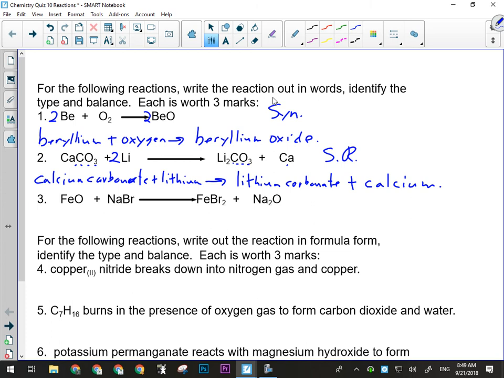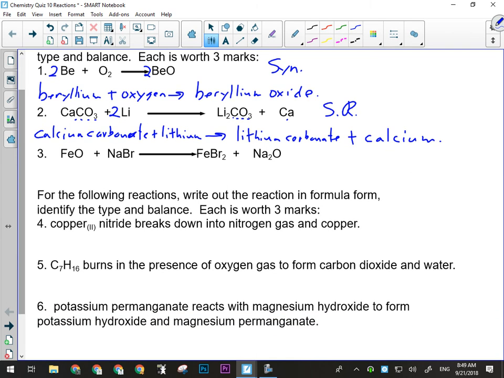For number 3, we have an ionic compound reacting with another ionic compound to form 2 new ionic compounds. What's the only reaction that goes like that? That is a double replacement reaction. So we have iron. Does iron have more than 1 possible charge? What do we do with ones that have more than 1 charge? Right, a lot of people forgot the Roman numeral on this one.